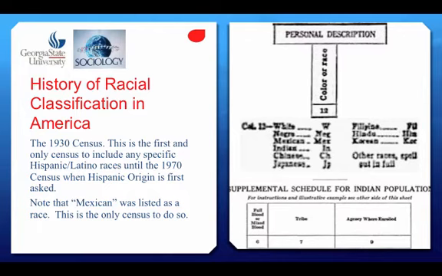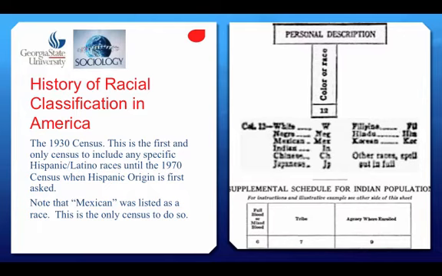After this, it was listed as an ethnicity, that is Hispanic ethnicity, and this is a result of Mexican Americans lobbying very hard to remove Mexican as a race. They did not want to be seen as racially distinct from whites, and the distinction that was going to be made would be based on ethnicity, something quite different.